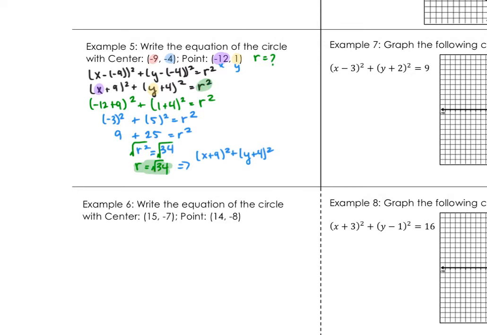It's square root of 34. So equals the square root of 34 squared. Okay, to simplify that, it just becomes x plus 9 squared plus y plus 4 squared. And remember, the square root and the exponent basically just cancel out, so you're left with just 34. So there's the equation of my circle.